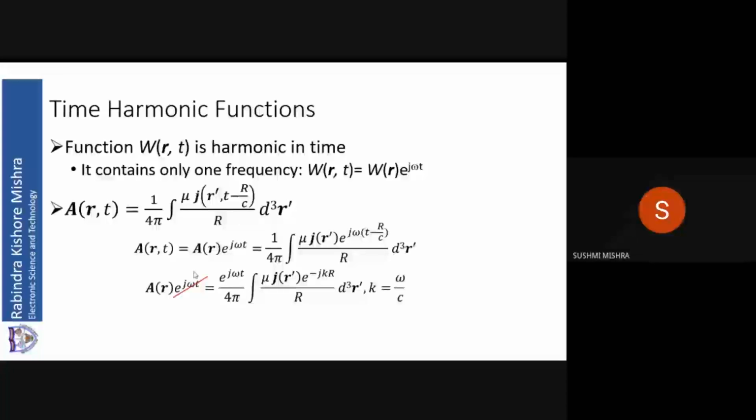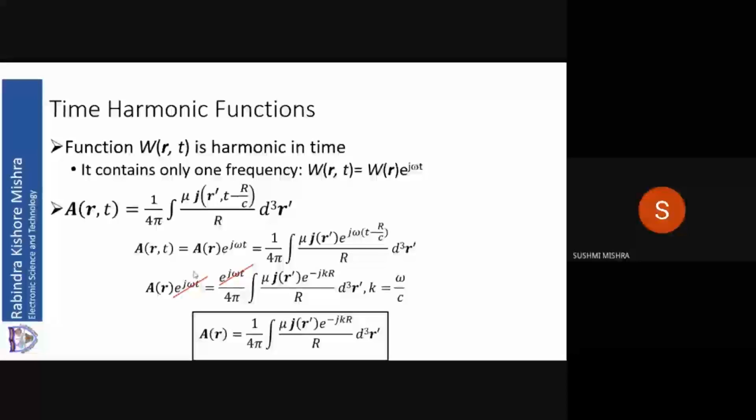Now if you have understood up to this, on the left side and right side I have e to the power j omega t, so they will cancel out because they are not equal to 0. If something is 0 and appears on the left side and right side, we cannot cancel it out, because 0 upon 0 is undefined. But e to the power j omega t is not equal to 0. Therefore, we can cancel that.